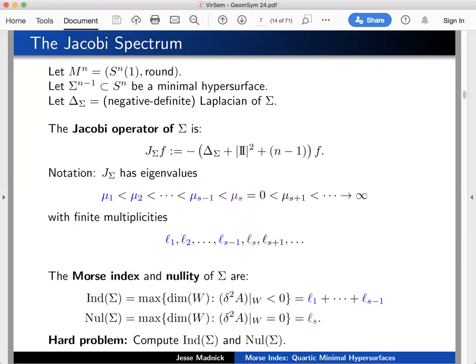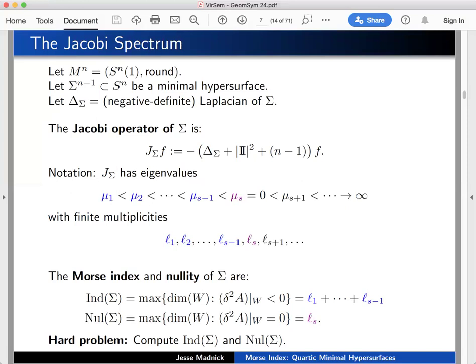Roughly, the Morse index is essentially the number of variations that decrease the area to second order, and that's just equal to the sum of the multiplicities corresponding to the negative Jacobi eigenvalues. And similarly, the nullity is, again roughly speaking, the number of variations or deformations that preserve area to second order. That's just the multiplicity of the 0 eigenvalue.